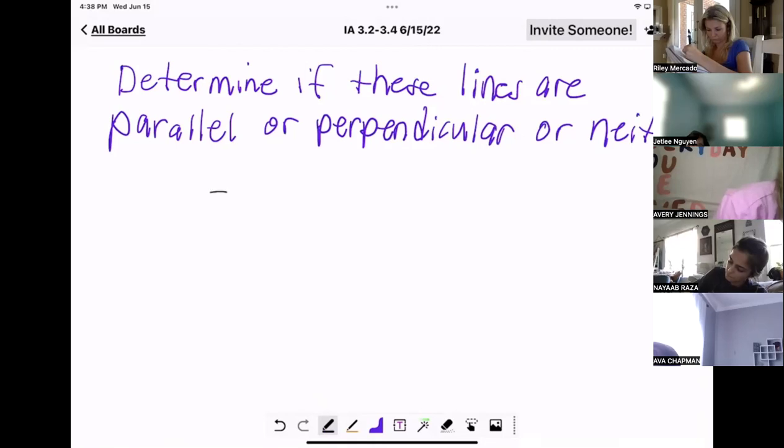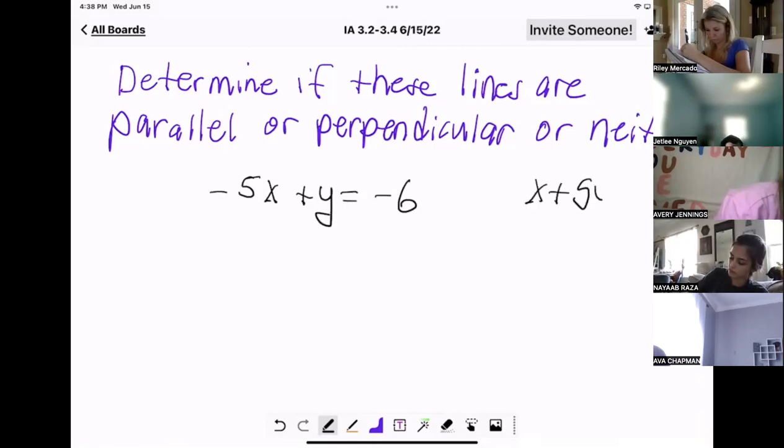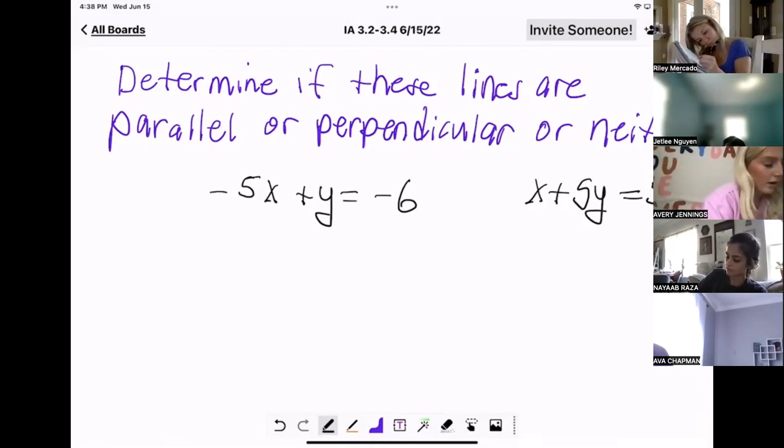Okay, so here are my equations. Negative 5x plus y is equal to negative 6, and x plus 5y is equal to 5. If I graph these lines, would they be parallel, perpendicular, or neither?